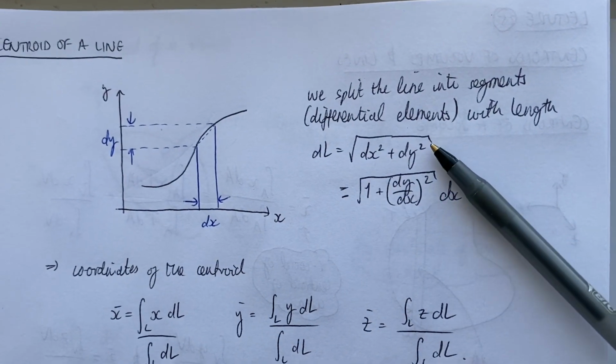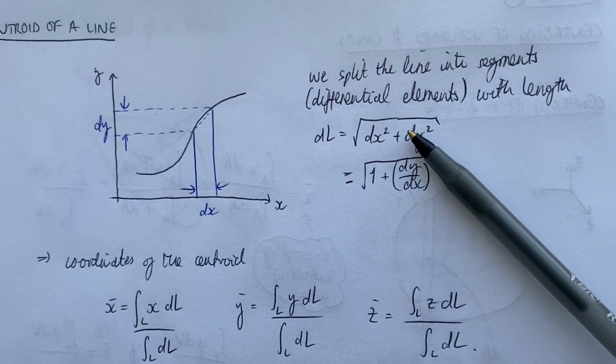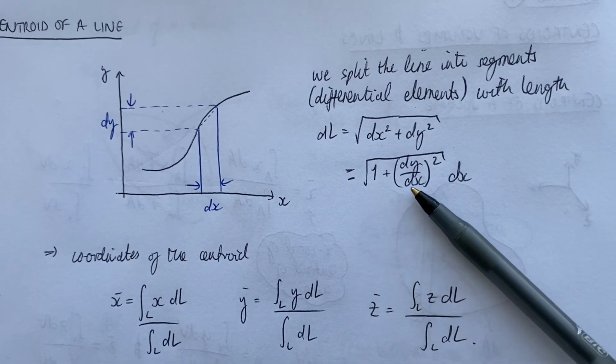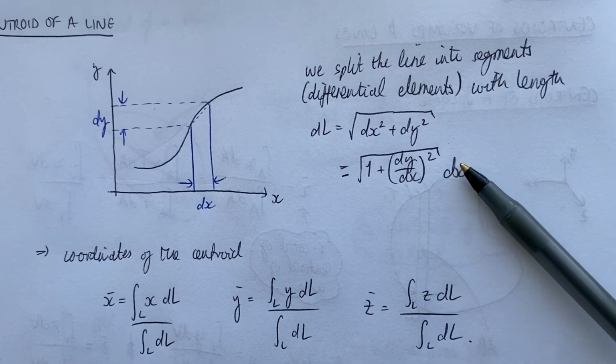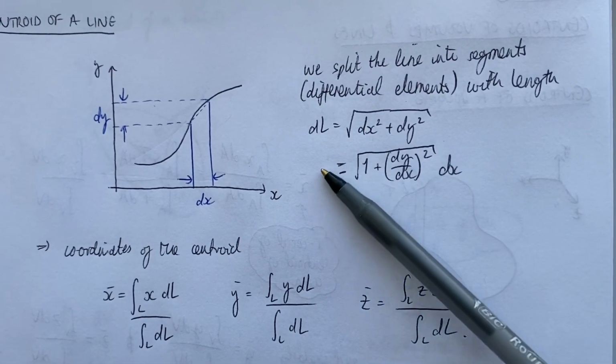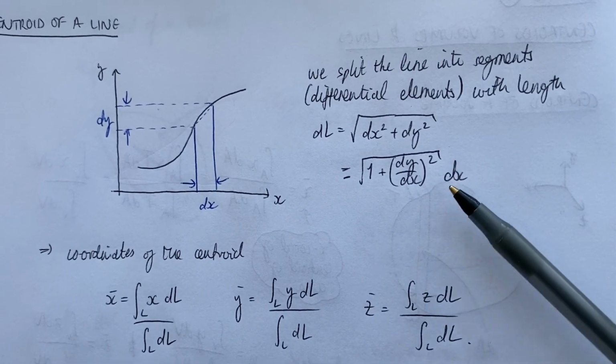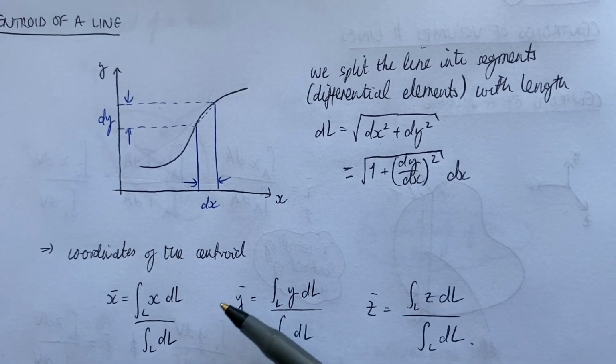And if we factorize dx out of this expression, we can rewrite it like this. That's going to be a useful form for us when we're applying the integral equations, because now we have something to integrate with respect to when we plug this into our integral equations.